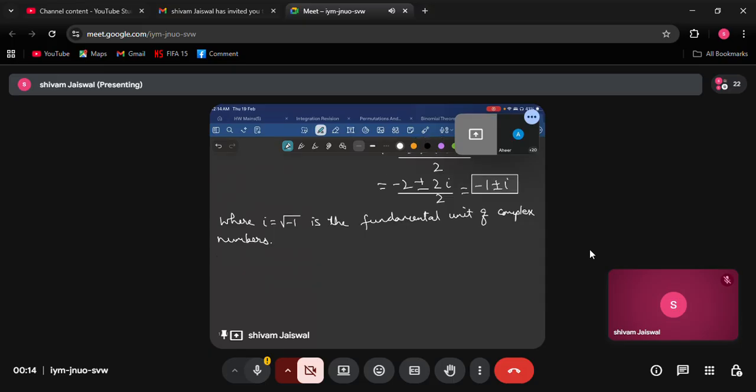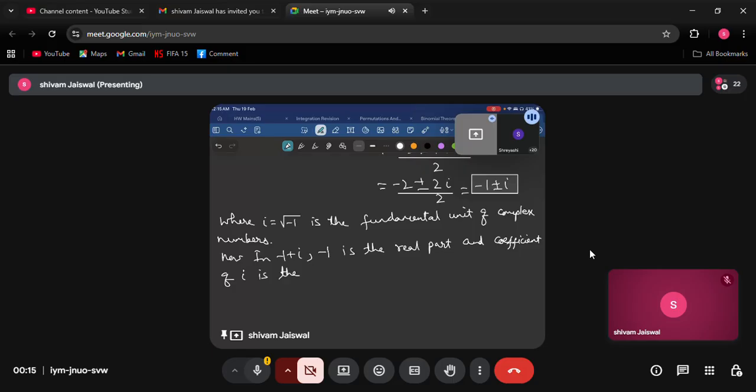Now in minus 1 plus iota, minus 1 is the real part of the complex number, and the coefficient of iota is the imaginary part.